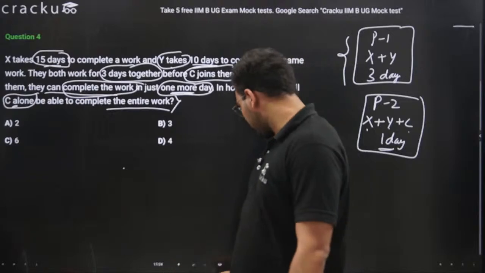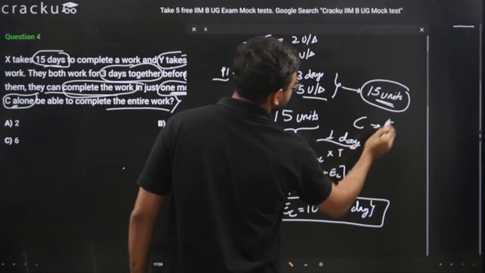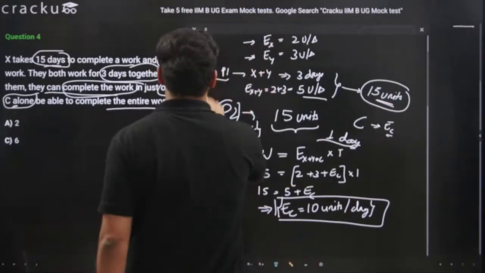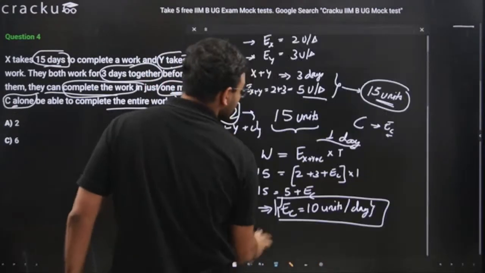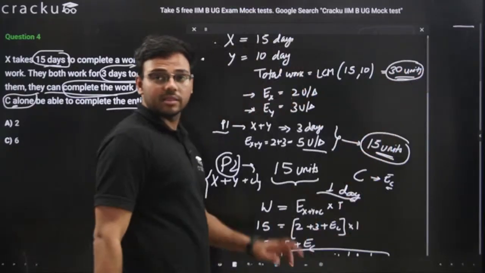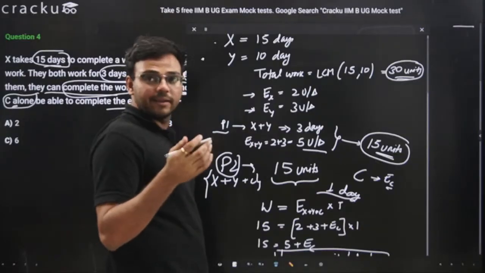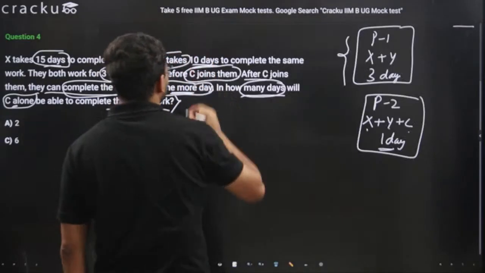The entire work we assumed is 15 units. Sorry, the total work is 30 units. It is asking how many days C alone will take to complete these 30 units.